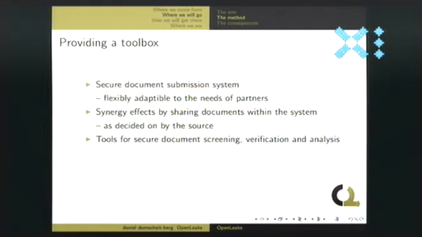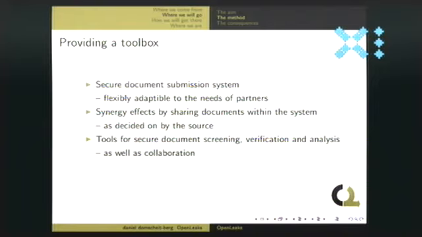We're also offering tools for secure document screening, verification, and analysis. This is an environment that we are working on that the partners can use to access the documents sent in, to read them, to do research, and also to write up analysis, as well as to collaborate. So the partners in our system will be able to get in touch with each other.